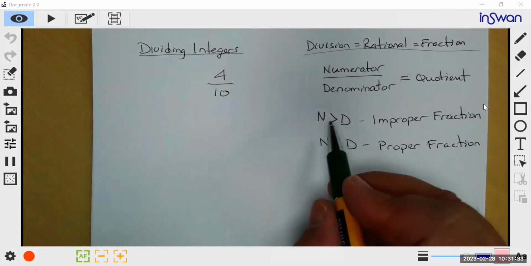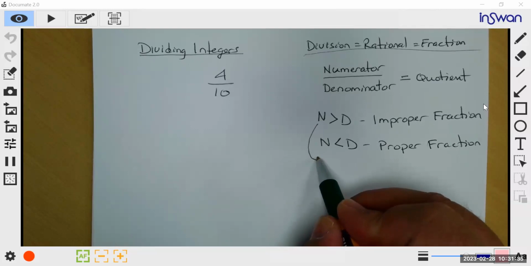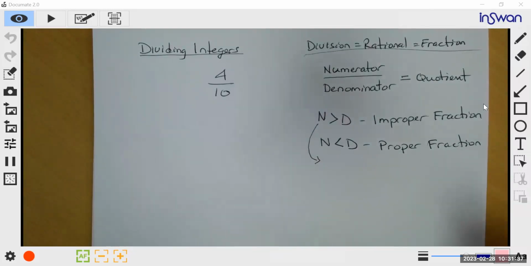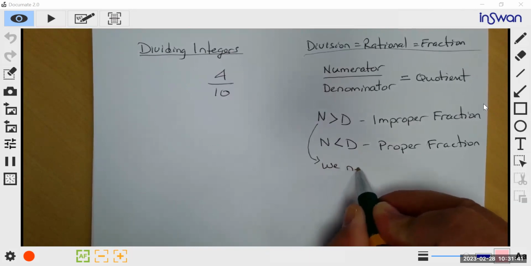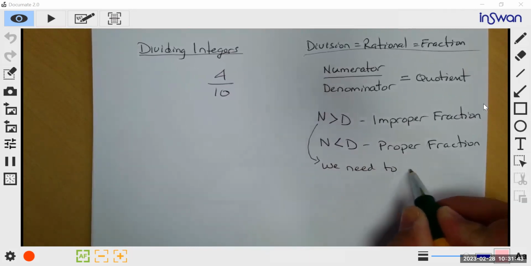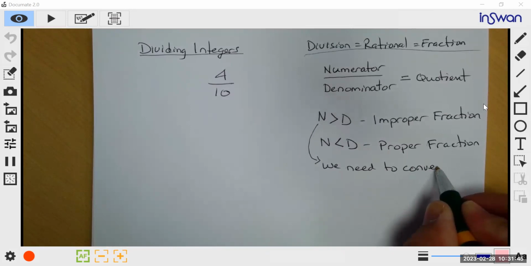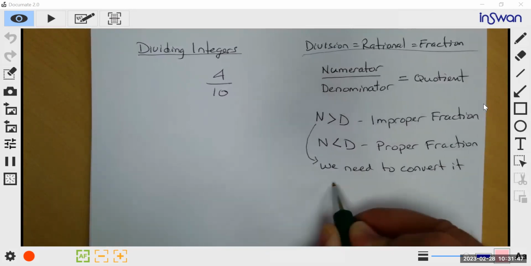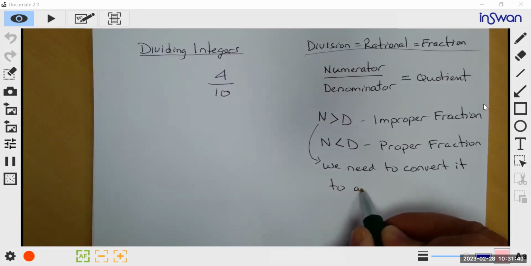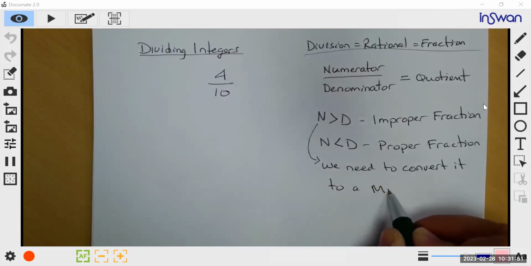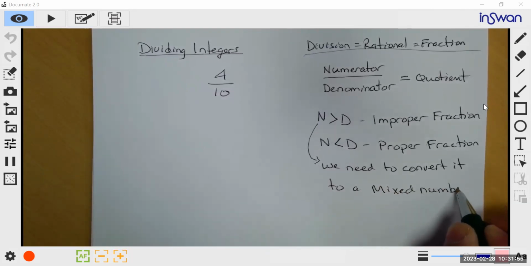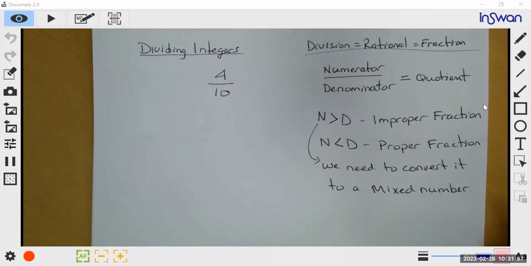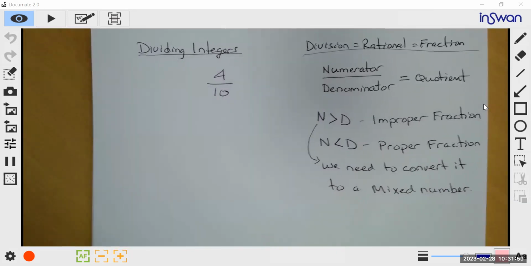If it's improper, we need to convert it to a mixed number. Everybody knows what a mixed number is?